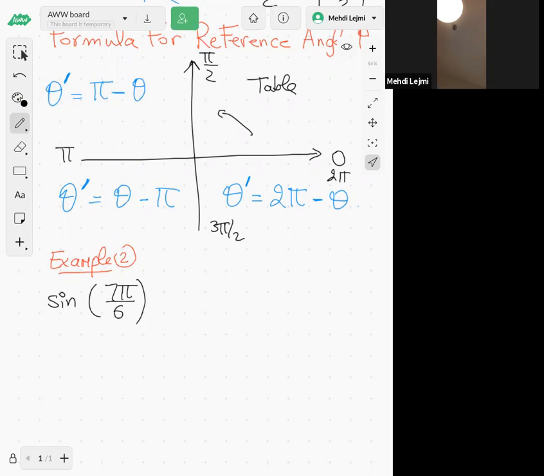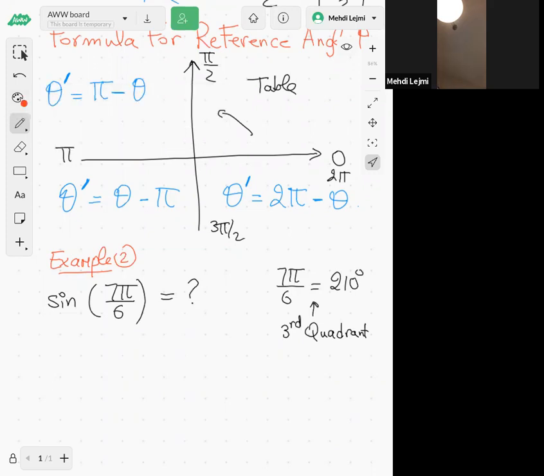In degrees, that would be 210 degrees. Pi is 180, so we are between 180 and 270. Of course, this is in the third quadrant. So I want to find the sine of 7 pi over 6, and I know it's in the third quadrant.